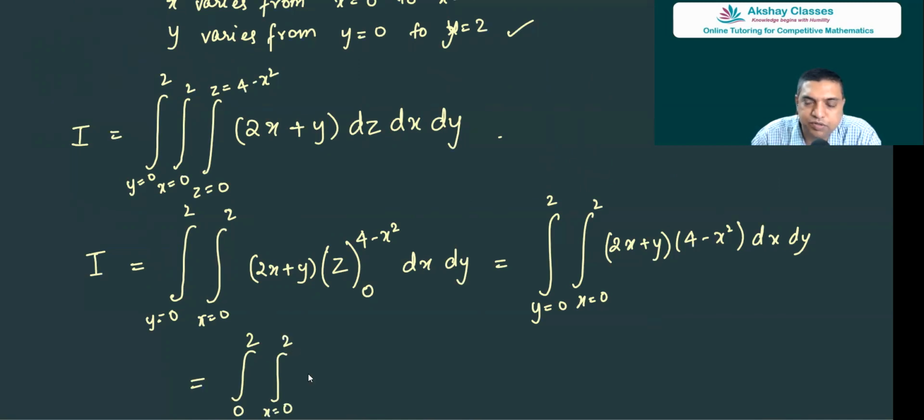x equal to 0 to 2. You will get, multiply 2x with 4 minus x square. We get 4 into 2, 8x minus 2x cube. So 8x minus 2x cube plus 4y minus yx square, dx dy.